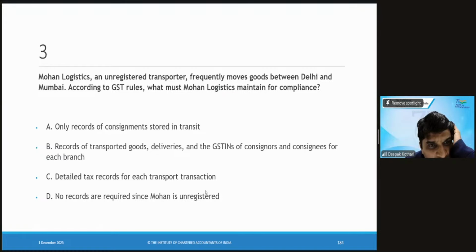They should maintain records of transported goods, deliveries, and GSTN of the consignors and consignees for each of the branches. So the correct answer is B. Everybody has given a correct answer. Now clear, Shagufta Parveen?